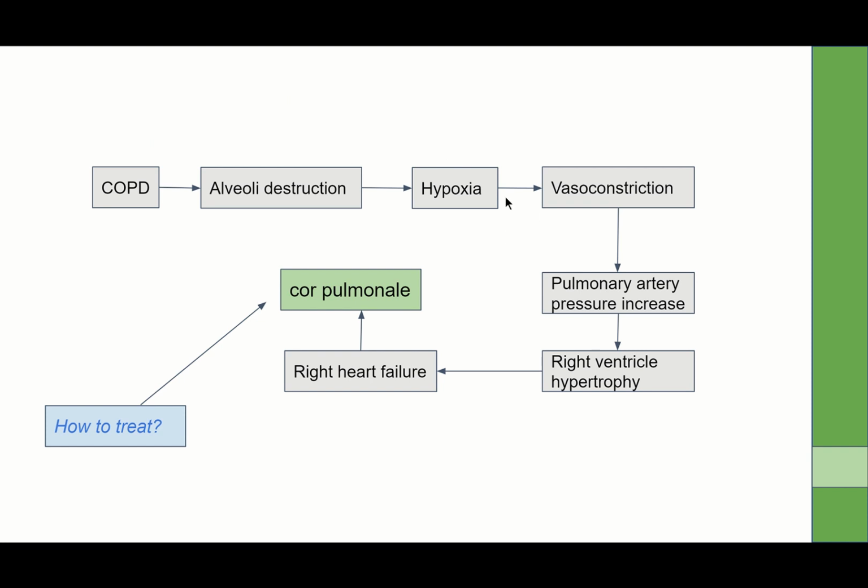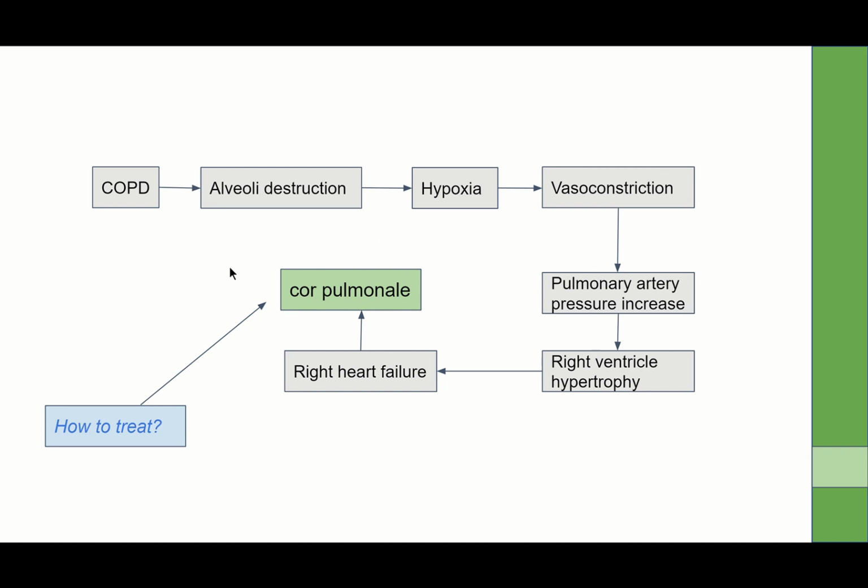We can give the patient oxygen, so they can escape from this hypoxia condition. So there is no vasoconstriction, no pulmonary pressure increase, no right ventricle hypertrophy, no right heart failure, so there is no cor pulmonale. That is the treatment.